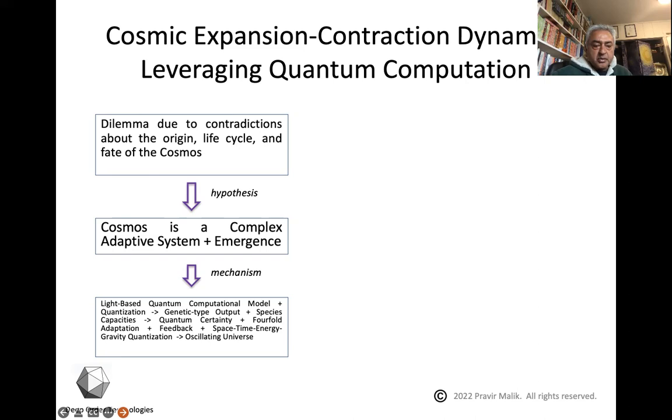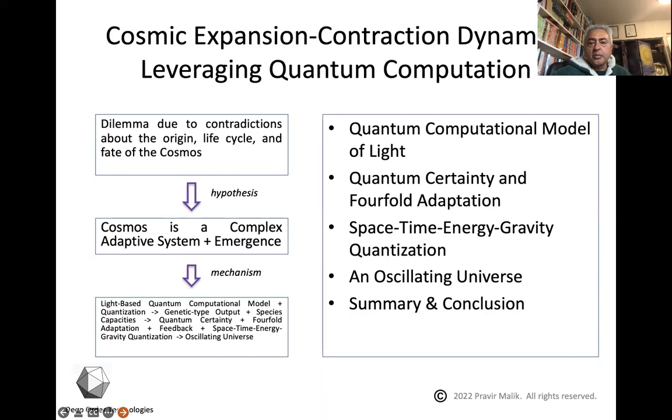When that's combined with species capacities, it can create a state of quantum certainty that can result in fourfold adaptation that feeds back and alters space-time energy-gravity quantization, because it's a single complex adaptive system, and therefore creates an oscillating universe.